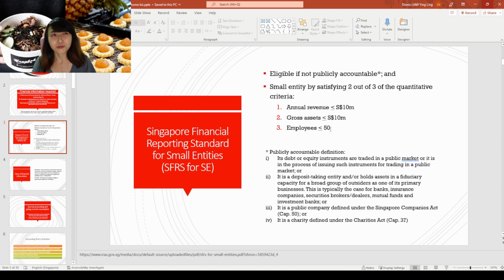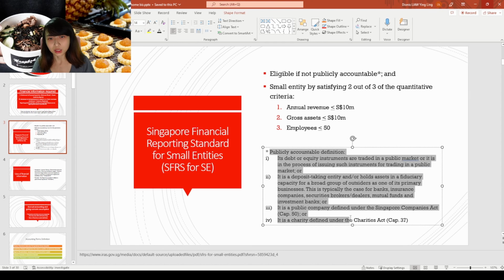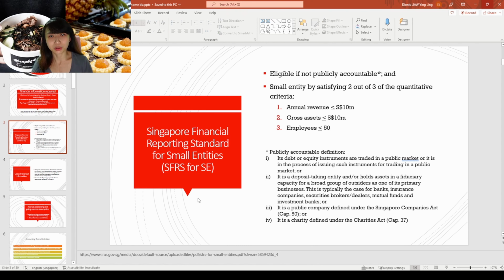But this one is actually for businesses, meaning corporates. So I think if corporates can apply it, then you guys as sole proprietors should be able to apply this SFRS. Okay, so these are what define an entity as publicly accountable. But basically, if you're a sole proprietor, you won't be publicly accountable anyway.